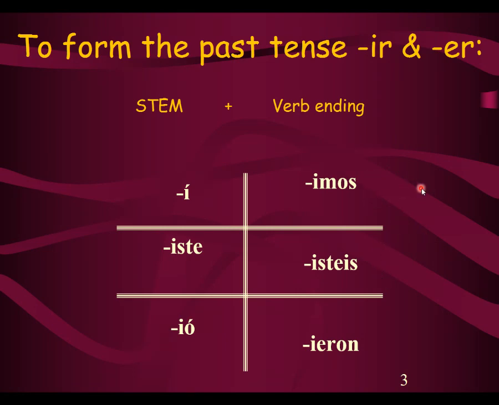Now, in the preterite, they are identical. They are exactly the same. All right. So IR verbs and ER verbs in the preterite are identical as far as endings go. So make sure you note that, and note again the use of the tilde in the first person singular and third person singular.